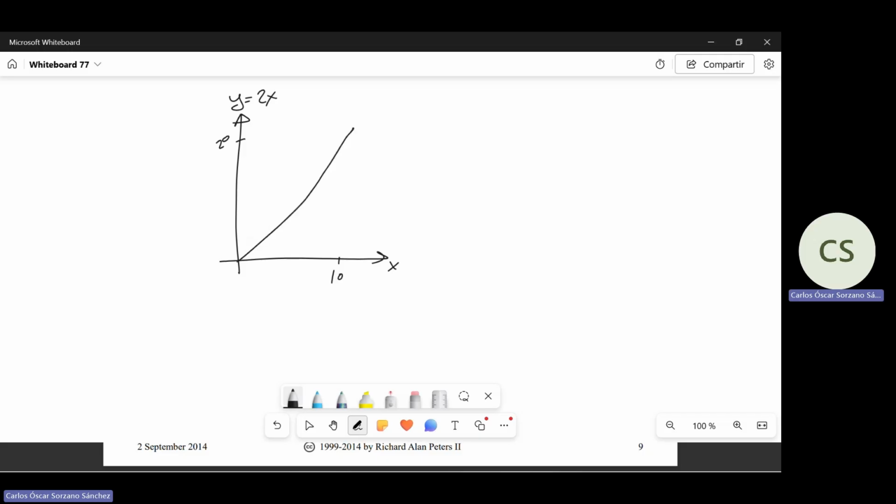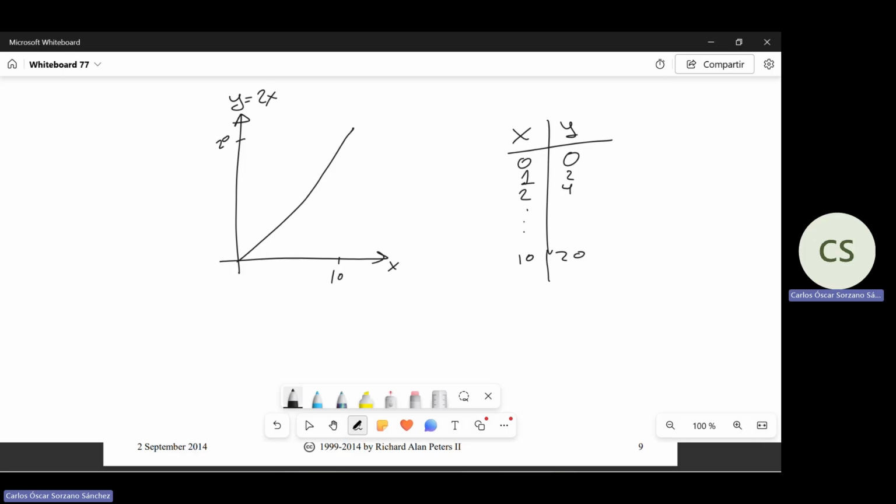So what it means is that you have a table that makes correspondences: to value 0, you have 0, to value 1, you have 2, value 2, you have 4, value 10, you have 20. And maybe you can even write it for 1.5, 2.2, or whatever.